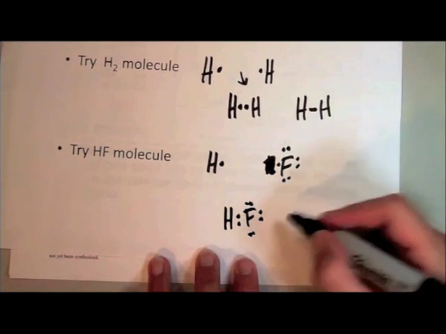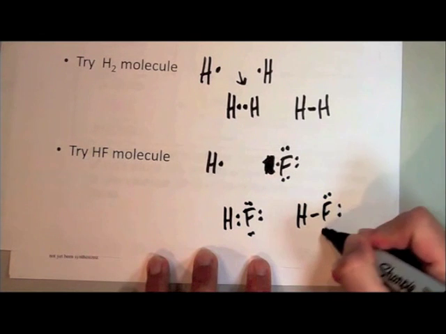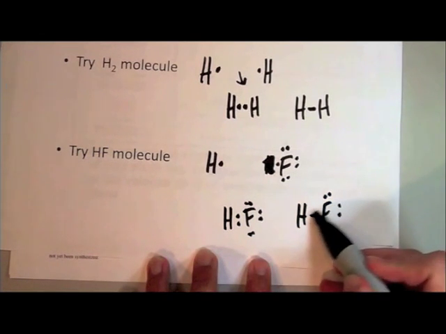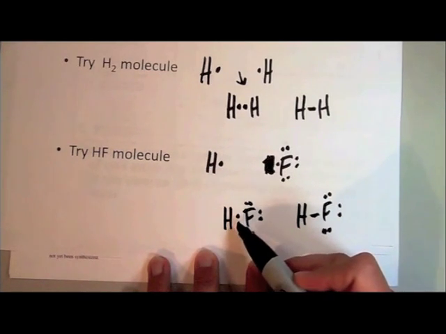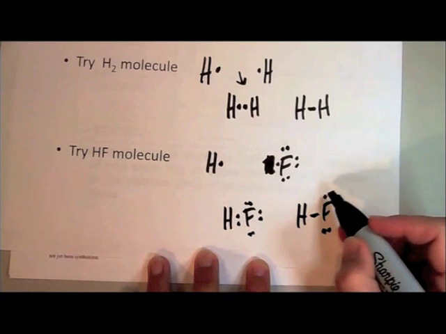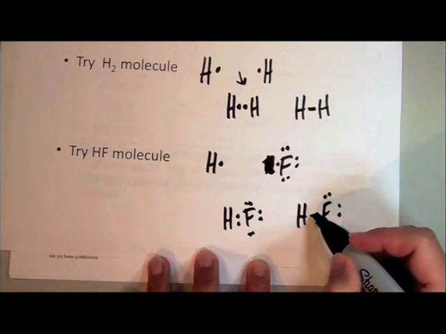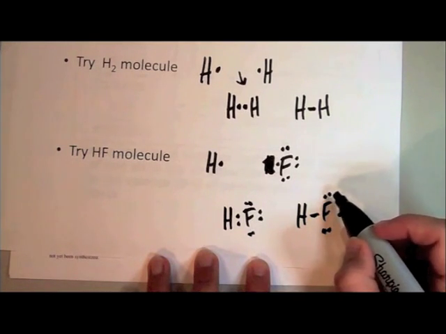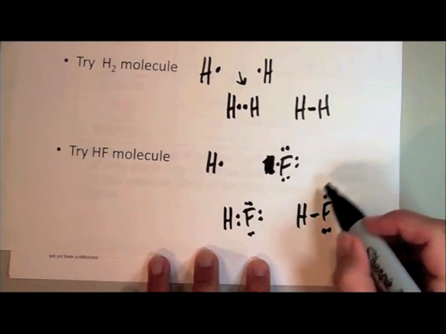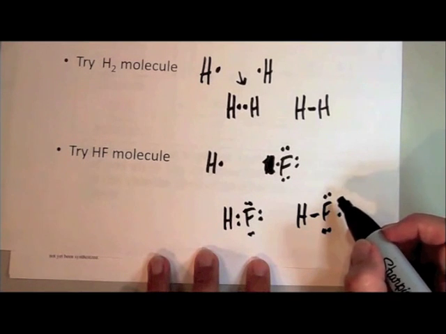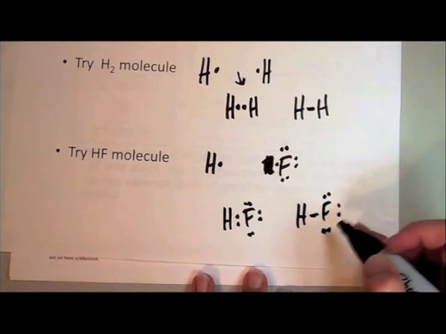And so I can draw it like this. Again, this dash is just modeling this shared pair of electrons. That's a covalent bond. I can leave it like this, and that's telling me on this fluorine I have 1 shared pair of electrons, and I have 6 unshared electrons, or 3 pairs of unshared electrons.